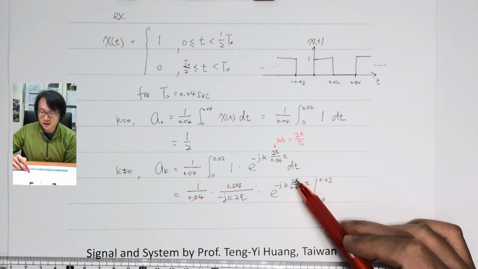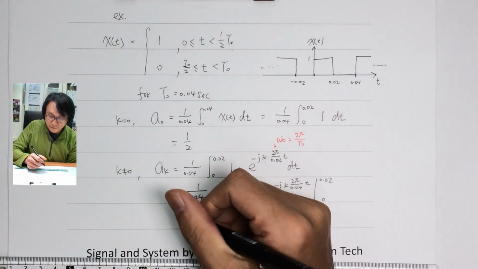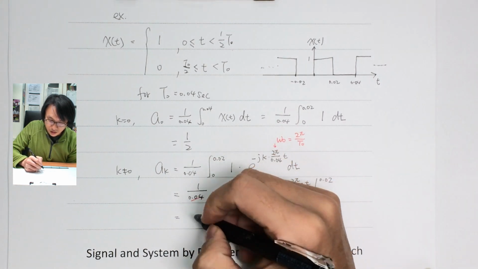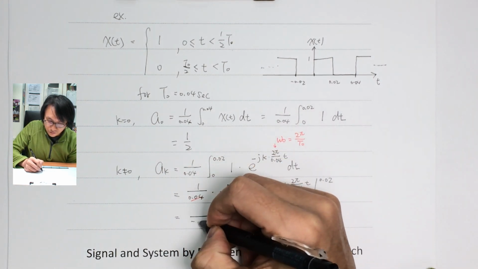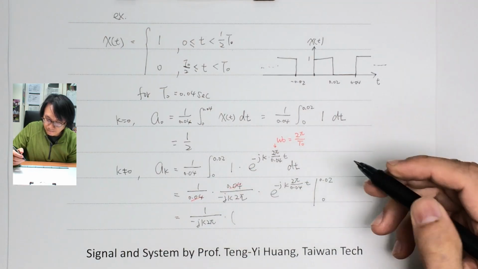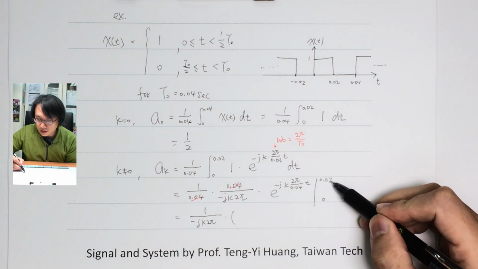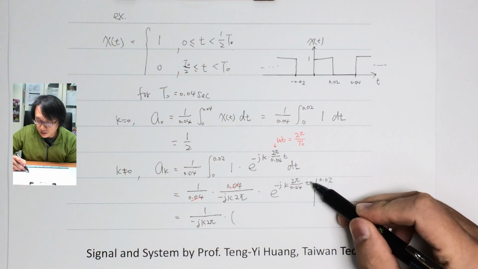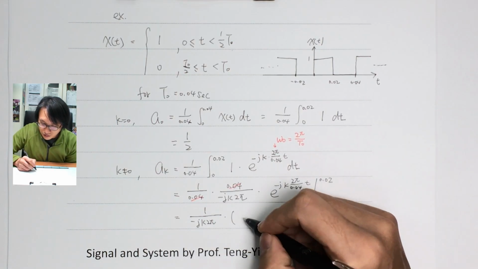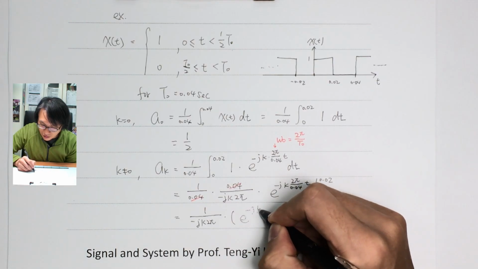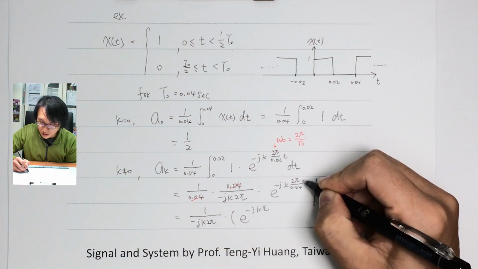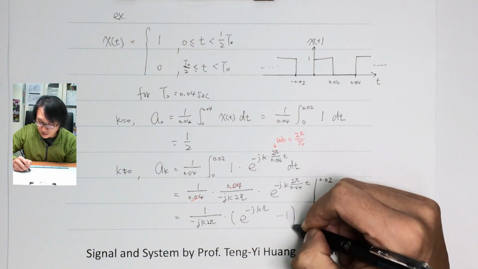And the 2 cancels, so the answer becomes 1 over negative j 2 pi times, with t equals 0.02, since 0.02 divided by 0.04 is 1 over 2. So you get e to the power of negative j pi. At t equals 0, this term is 1, so subtract 1.